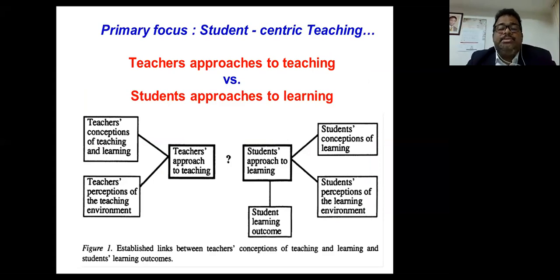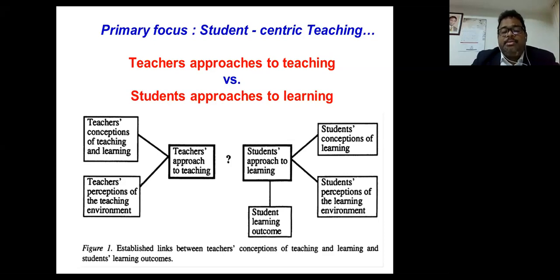Two things: teachers' approaches to teaching and students' approaches to learning. These two should match. You see next, the teachers' conceptions of teaching and learning and teachers' perception of the teaching environment. These two constitute the teacher's approach to teaching.